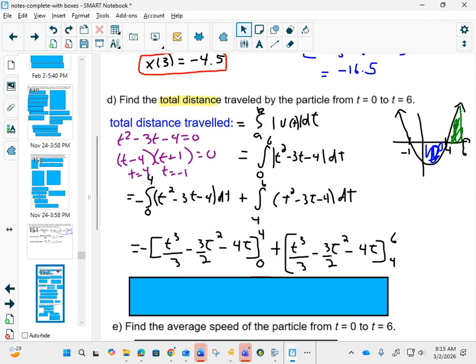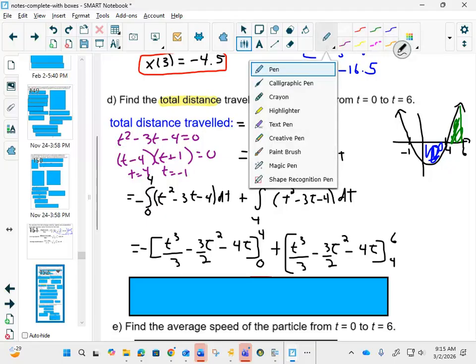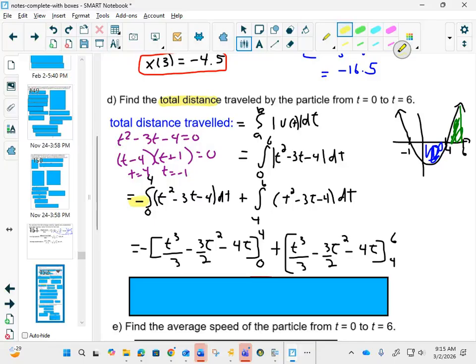So you find your x-intercepts and say, oh, because between 0 and 6 I have the x-intercept of 4, I would have to find the area between 0 and 4, and then find the area between 4 to 6. And because the area between 0 and 4 is negative, I put a negative sign out in front to make it positive, because we're talking distance here. Distance has to take every negative displacement and make it positive.